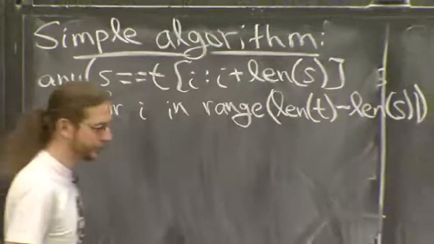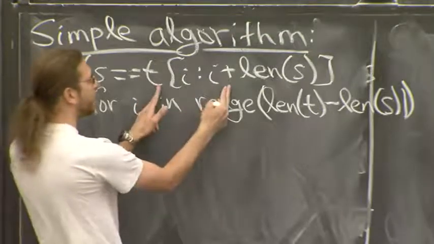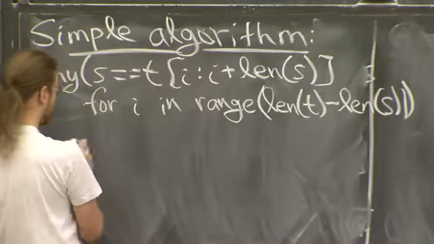Okay, I don't know if you know all these Python features, but you should. They're super cool. This is string slicing. So we're looking at, in T, let me draw the picture.